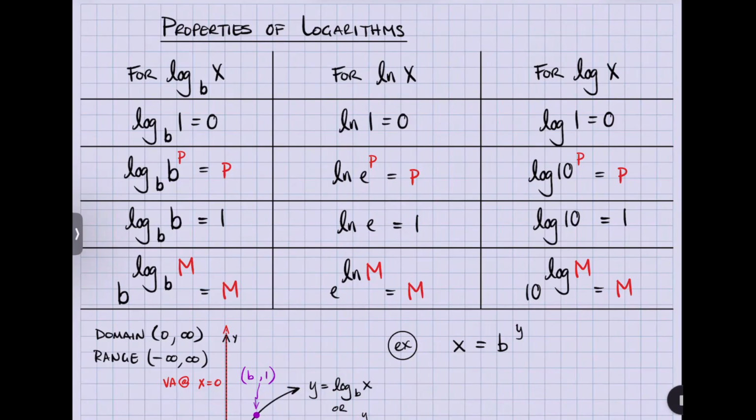This is for log base b. This is for the natural log. This is for the common log. It's exactly the same. Log of 1 is 0. Log base something of 1 is 0. Natural log of 1 is 0, because we have the point (1, 0), so that's why the log of the number 1 is going to be 0.